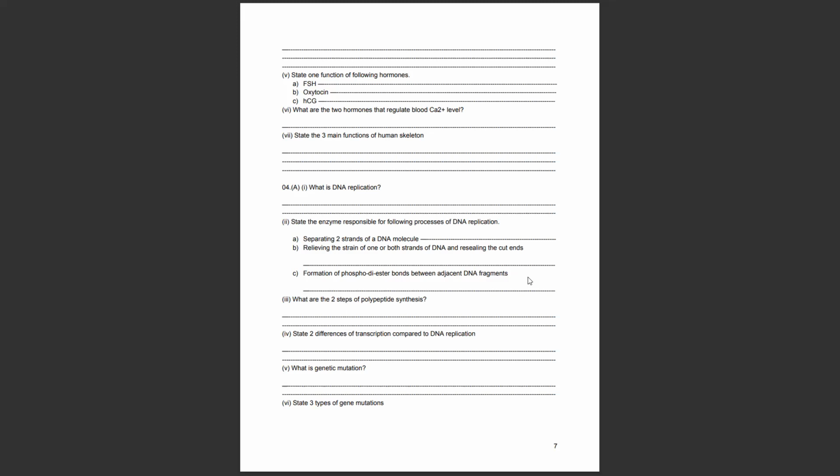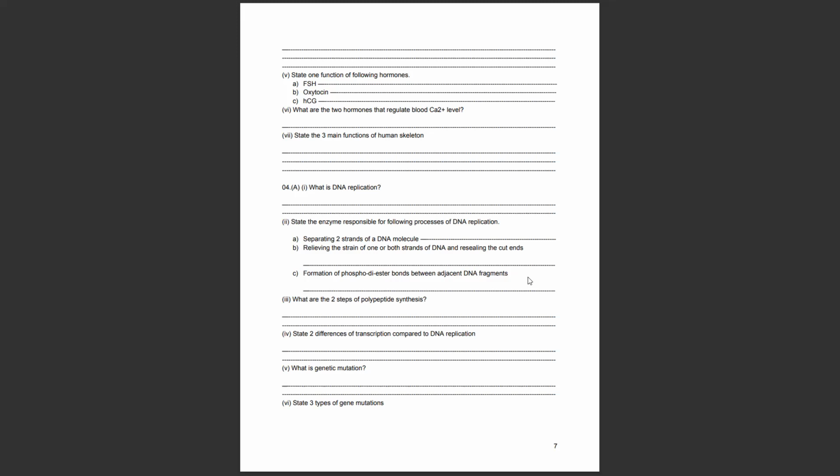But in transcription, only one strand of the double-stranded DNA acts as the template. Second difference, transcription converts DNA into RNA, but DNA replication makes another copy of the DNA molecule.